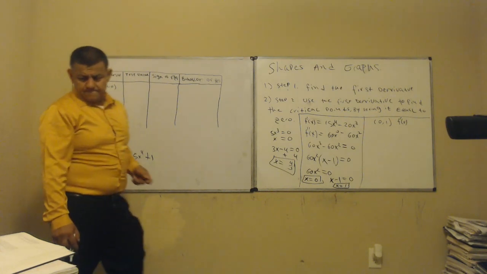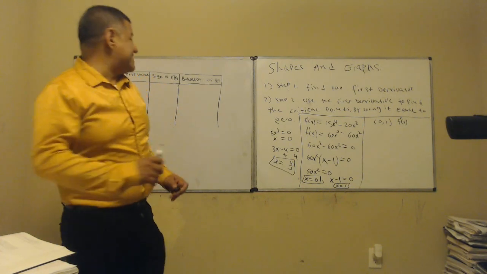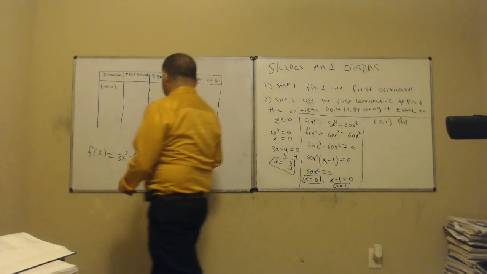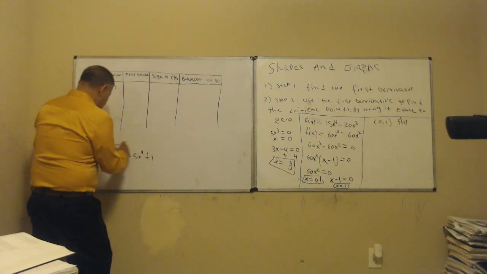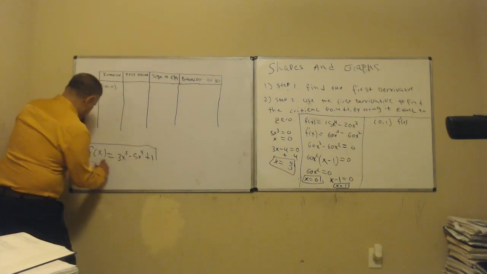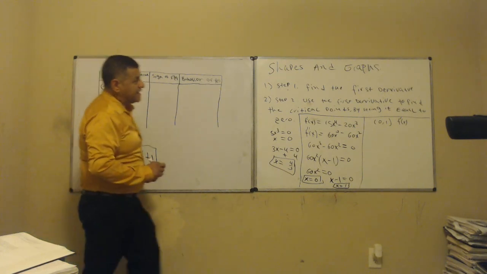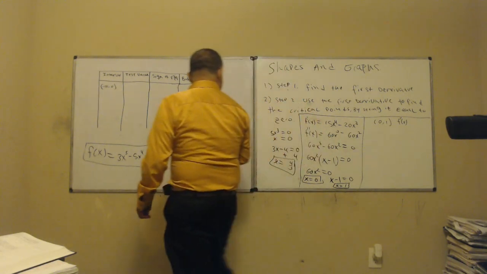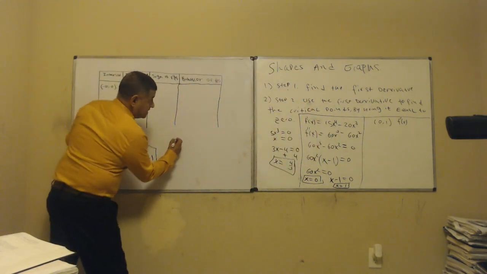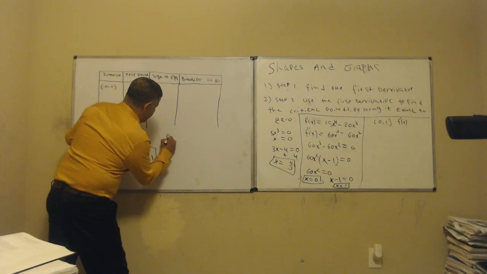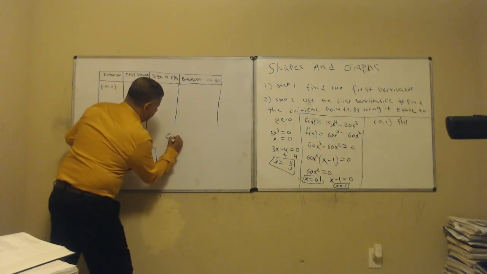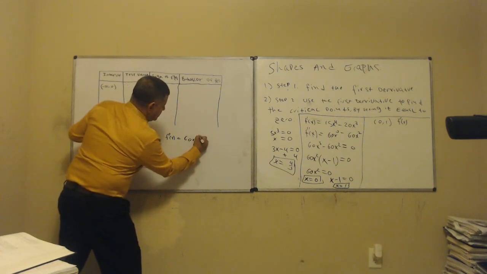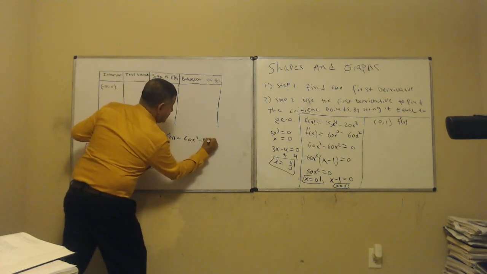So, at that point, I test it with the second derivative. This is the function. And the second derivative of the function is this guy. So the second derivative, f double prime of x, is equal to 60x cubed minus 60x squared.